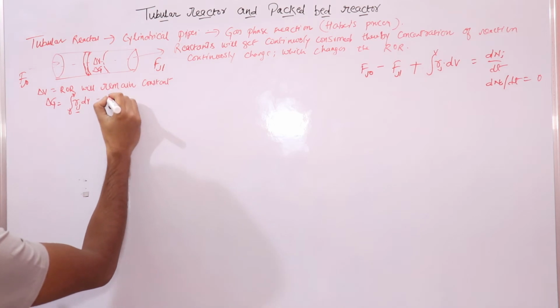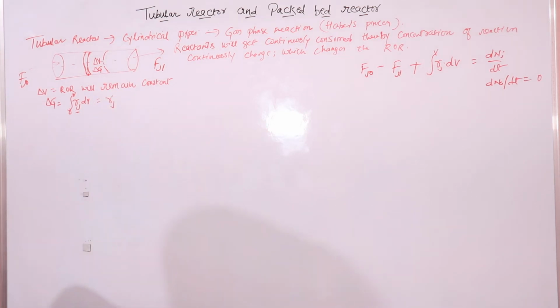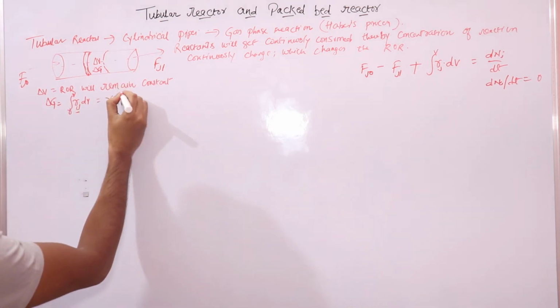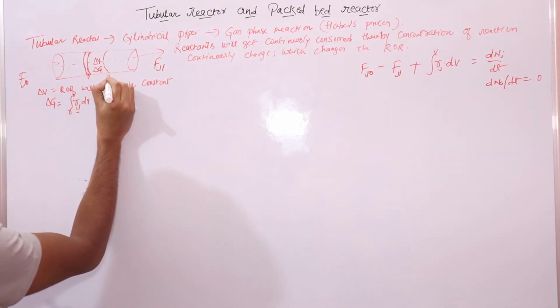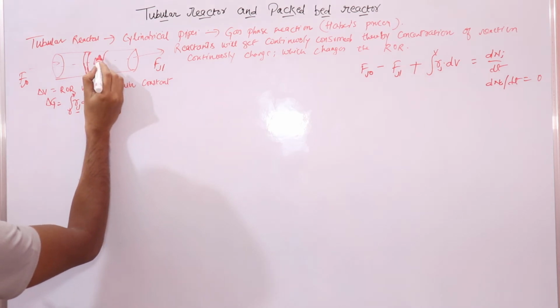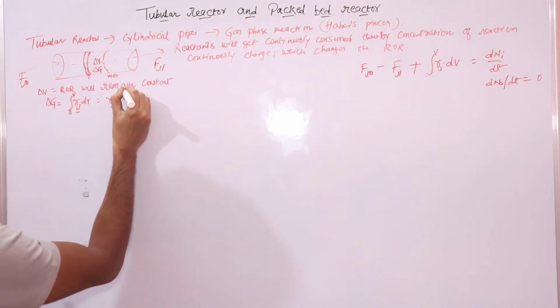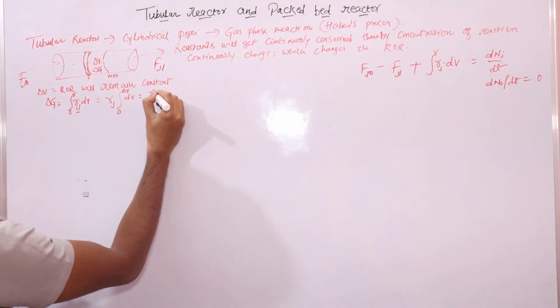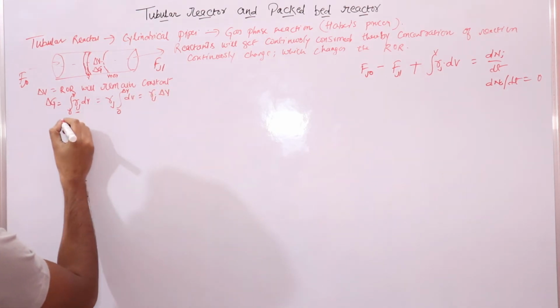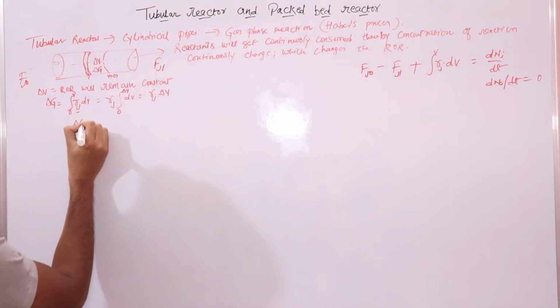This is a simple integral calculus technique. So we integrate the volume from V to V plus delta V. This is your volume delta V. So the integral from 0 to delta V of dV will come out to be Rj delta V. So this is your expression for the rate of generation.